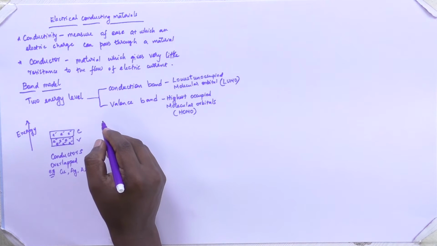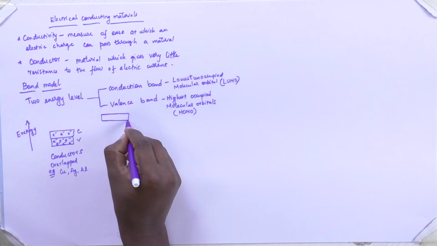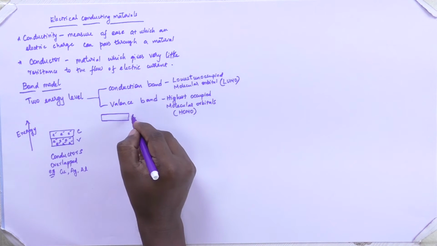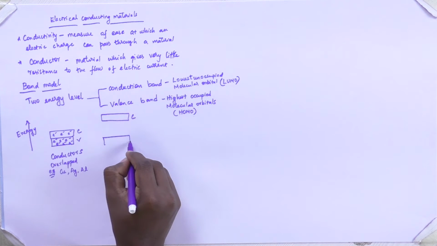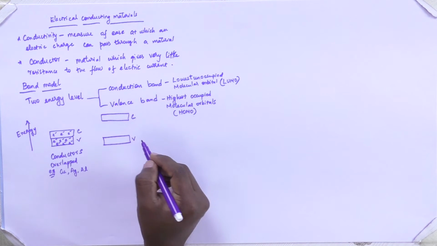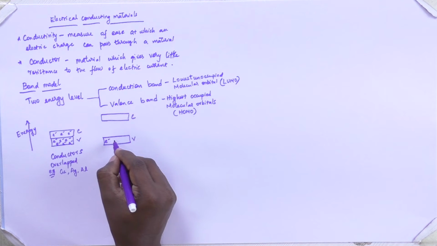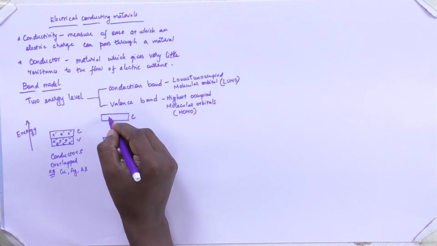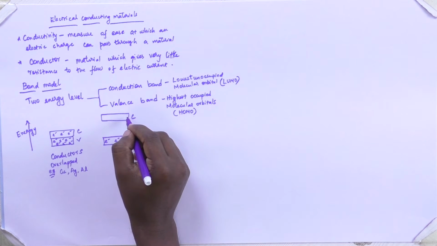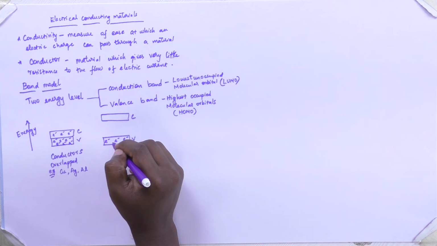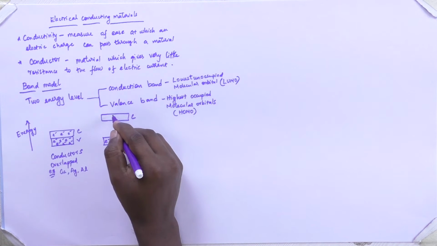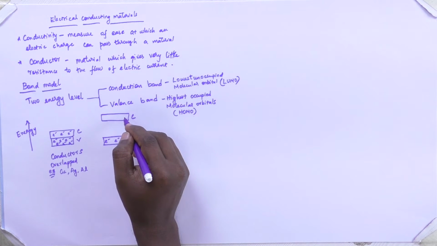Next you have the other extreme, in which you have conduction band at very high energy, and you have valence band with low energy. So here you have the electrons in the valence band and the conduction band is empty without any electrons, and the energy gap between them is huge, so that the electrons from the valence band cannot move to the conduction band that easily.